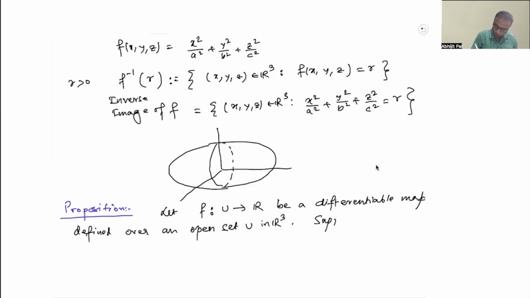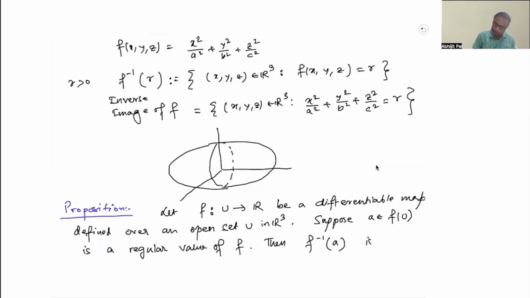Suppose A belongs to f(U) is a regular value of f. Then the claim is that f inverse A is a regular surface in R3.